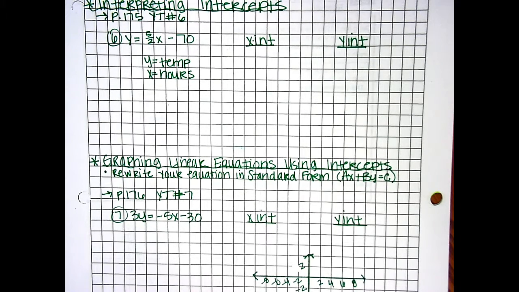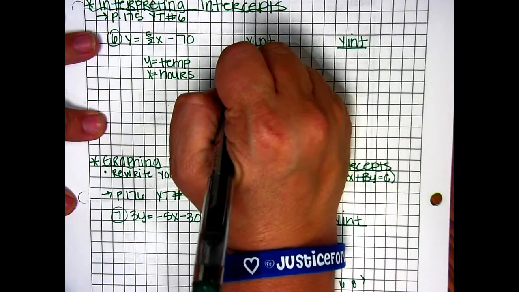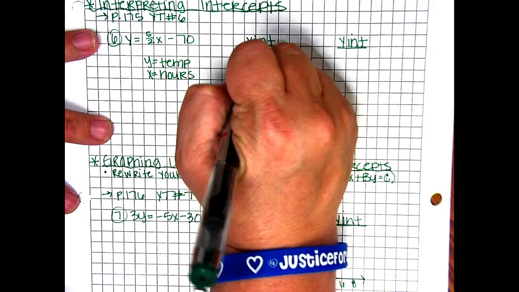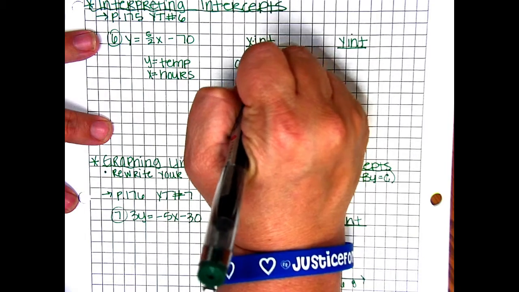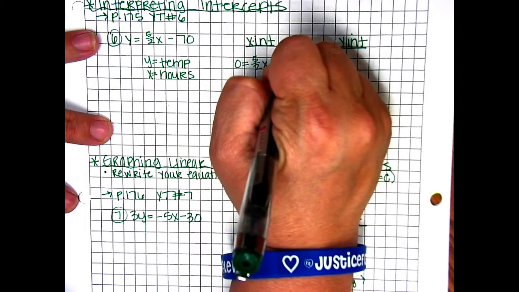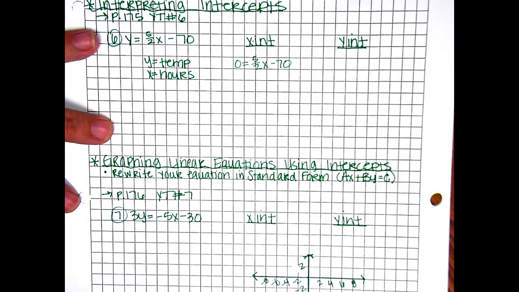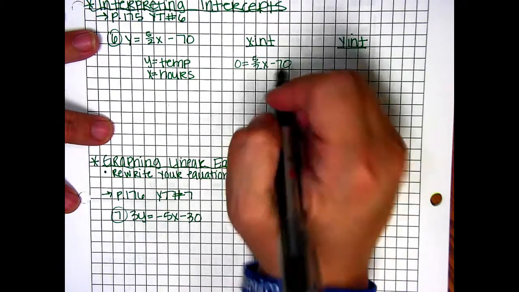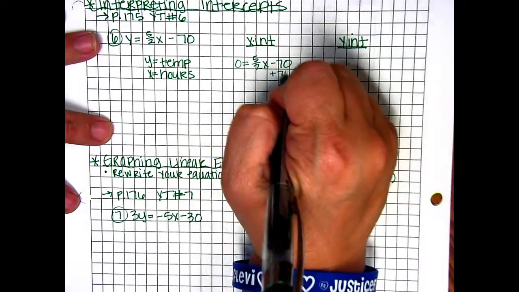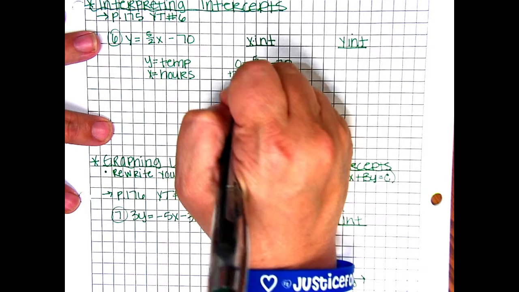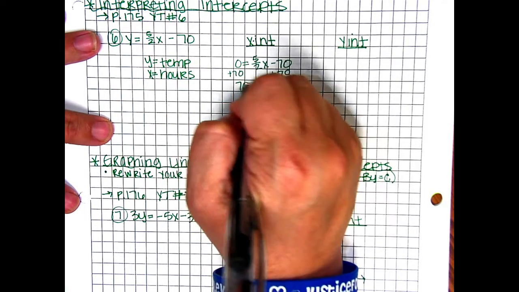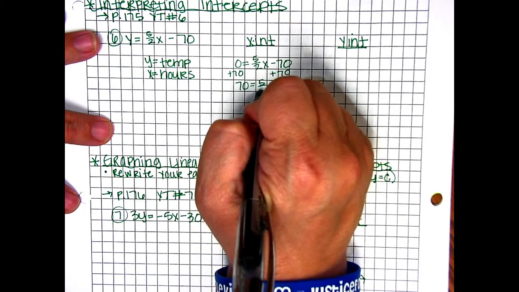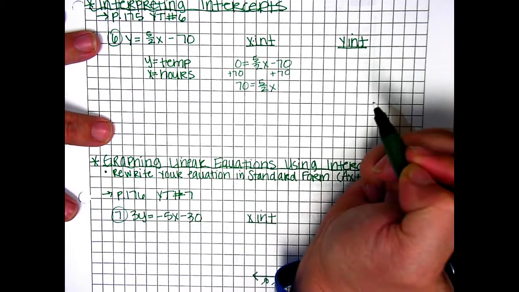To get the x-intercept, again, we would make the y 0. So 0 equals 5 halves x minus 70. And I'm going to solve for x. The first thing I have to do is add 70 to both sides. So I have 70 equals 5 halves x.